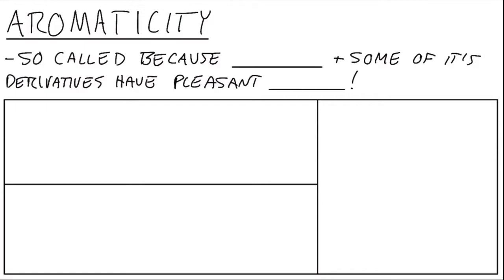And it may be the case that it was so called because benzene and some of its derivatives have a really pleasant aroma. But in actual fact, this is probably a bit of a misnomer, because a lot of the molecules that fit under the category of aromatic or having aromaticity don't really have a smell at all. Some of them do.